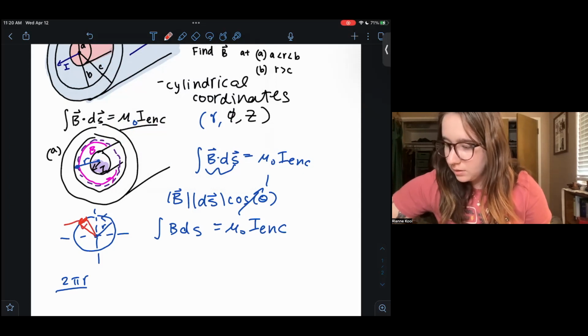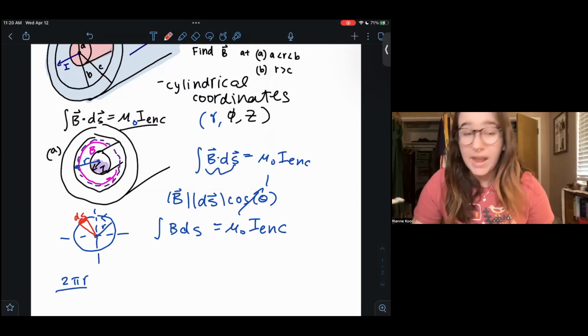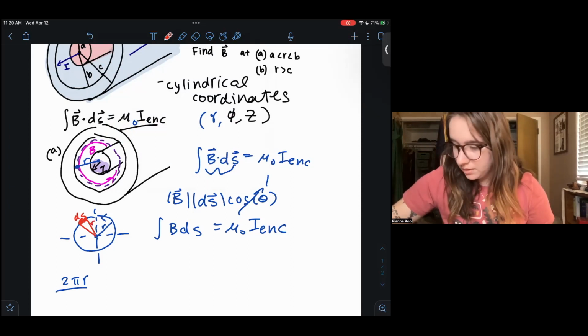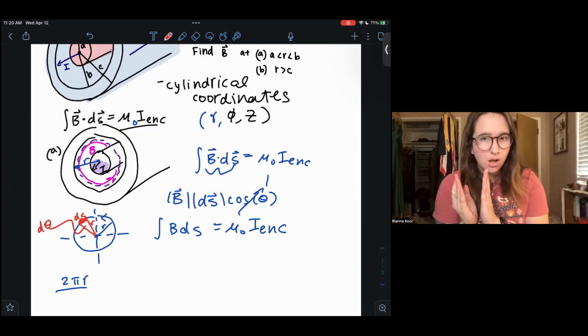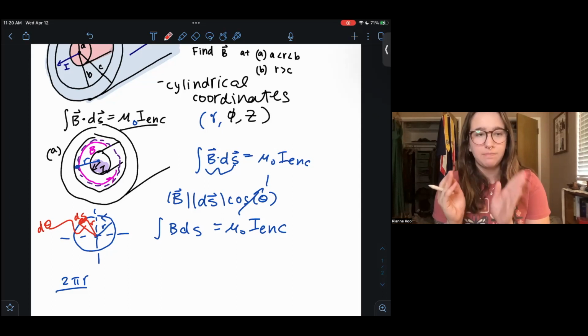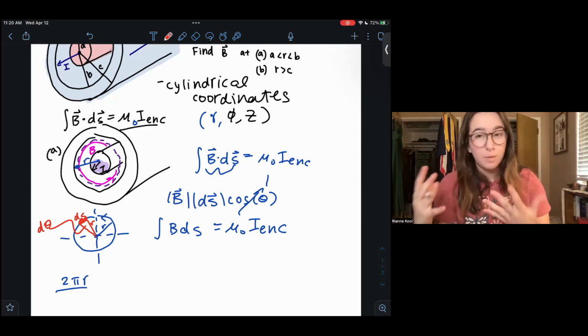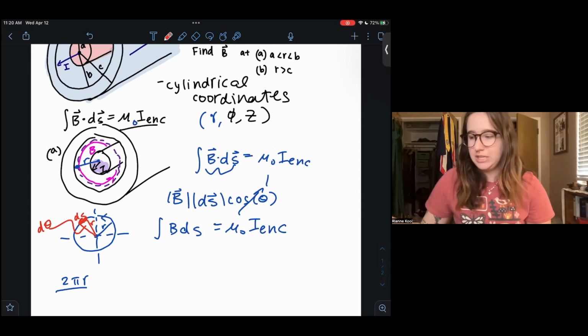And this has a radius of r. Both of these have the same radius. And this has a d theta, some small, tiny angle that we moved from point A to point B in our ds. And we're basically looking for the arc length of this ds.